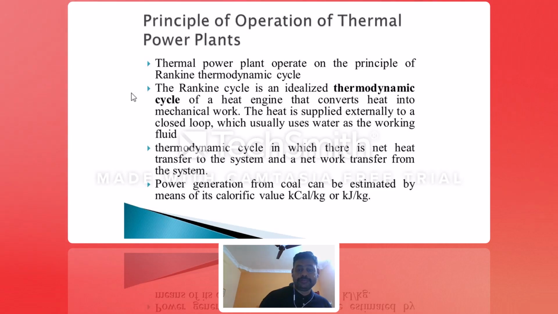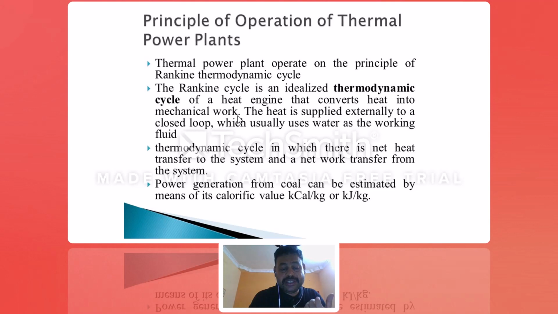Next, I am coming to the principle and operation of the thermal power plant. Already, using the layout, I clearly explained that a thermal power plant operates on the principle of the Rankine thermodynamic cycle. It is an idealized thermodynamic cycle of a heat engine that converts heat into mechanical work. That heat mixed with water is converted into steam.